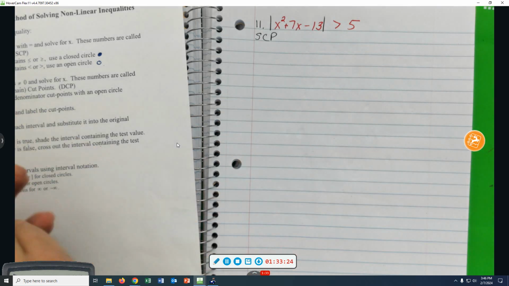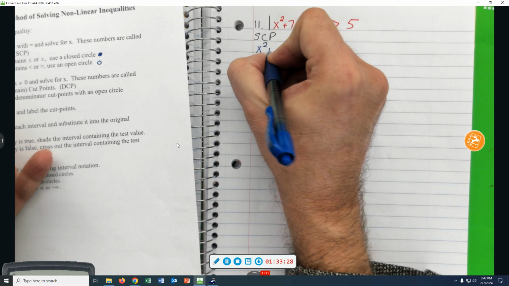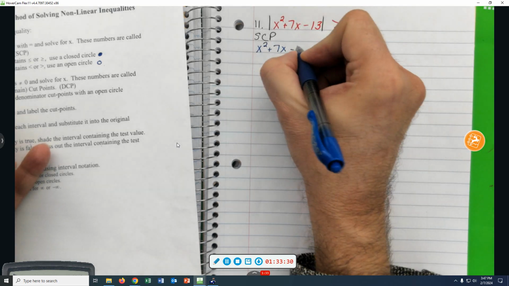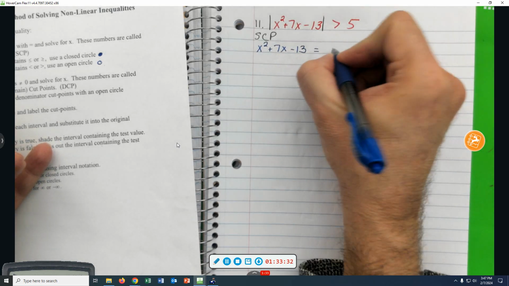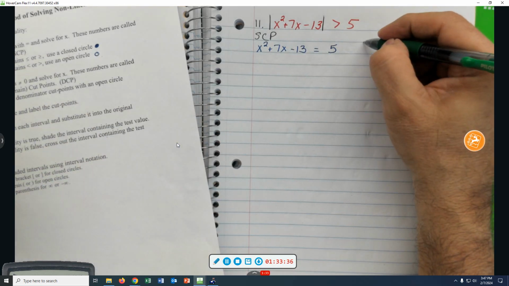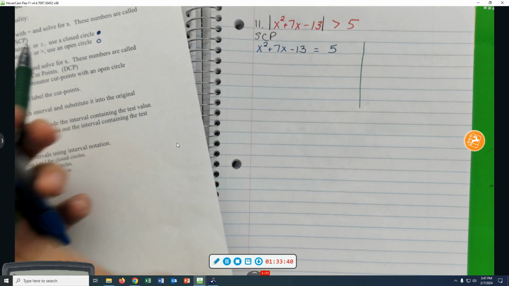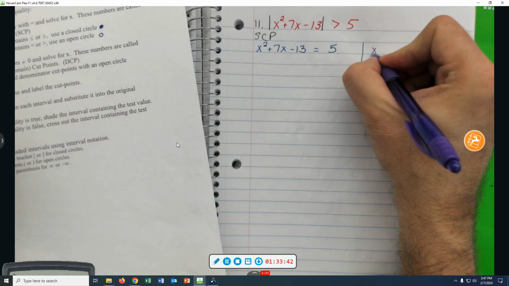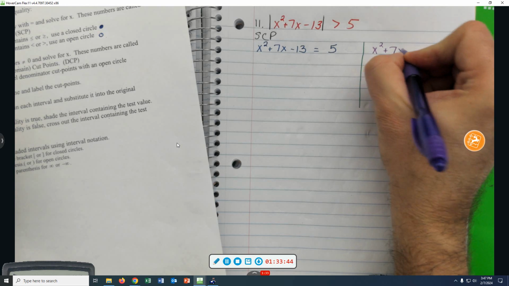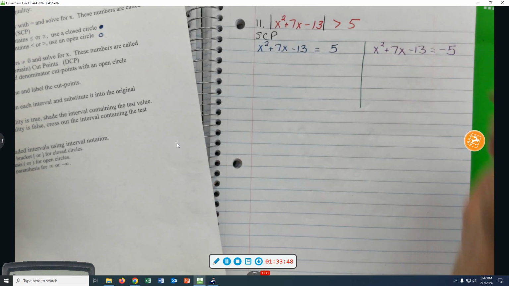So, let me see, I'll write it up. X squared plus 7x minus 13 equals positive 5. And x squared plus 7x minus 13 equals negative 5.